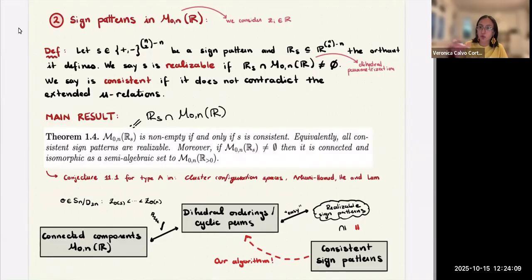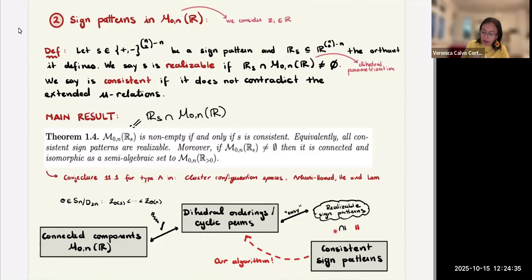And this will allow us to map all of the connected components into a copy of M0,n R plus. And because this change of charts will be actually monomial maps, this will guarantee that the sign patterns are all determined. Okay, so this is the first step.